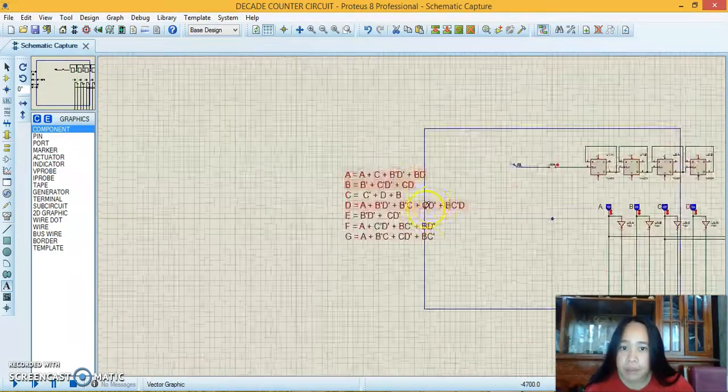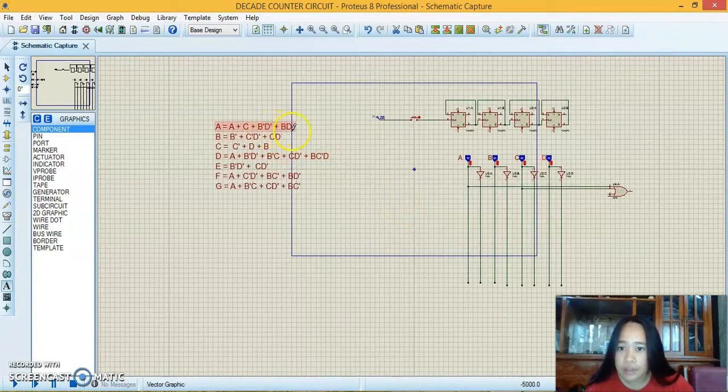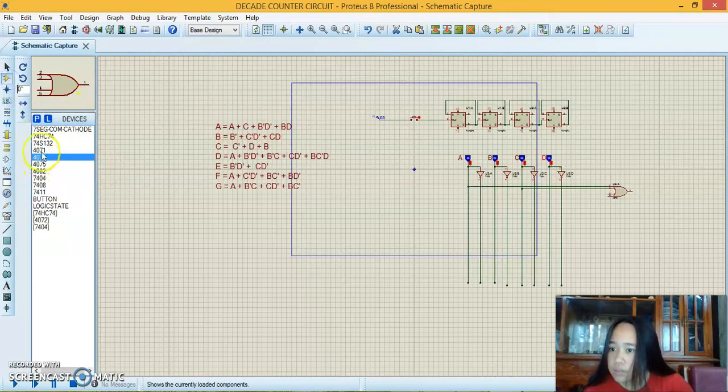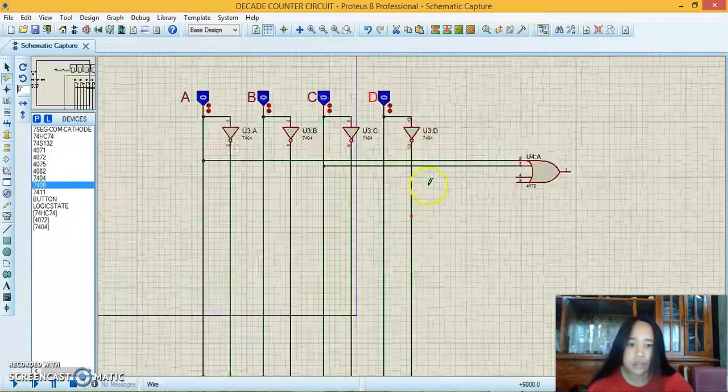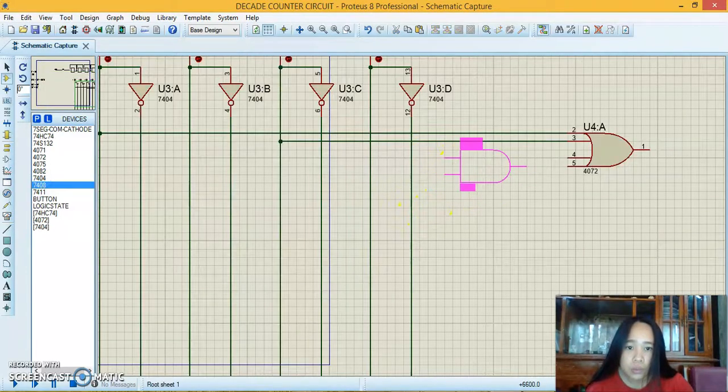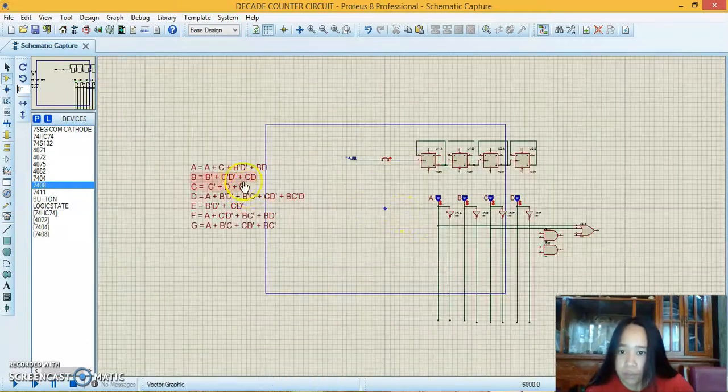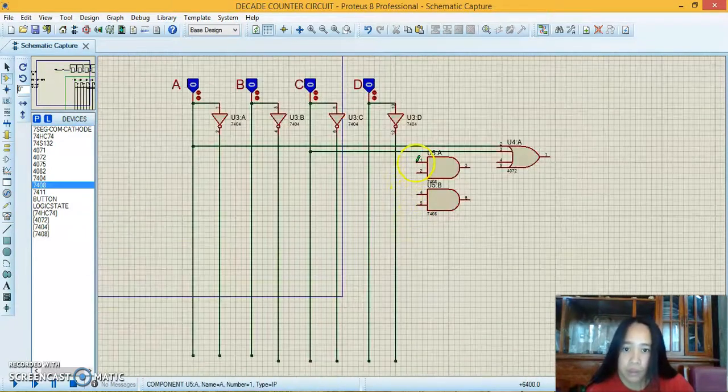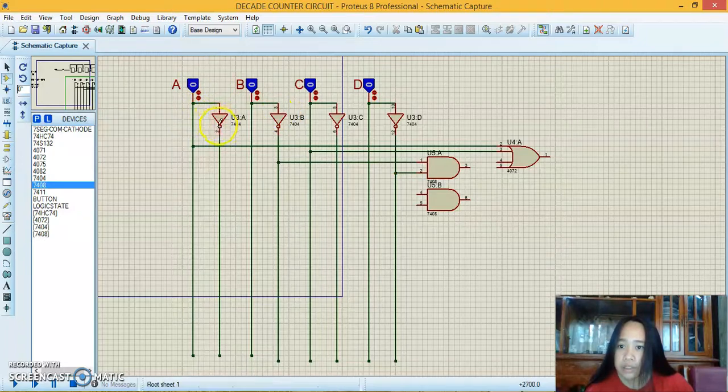B prime, D prime. So we need a 2 input AND gate, and also here a 2 input AND gate. B prime, D prime. In this part, this is the A prime, this is the B prime, C prime, and this is the D prime.